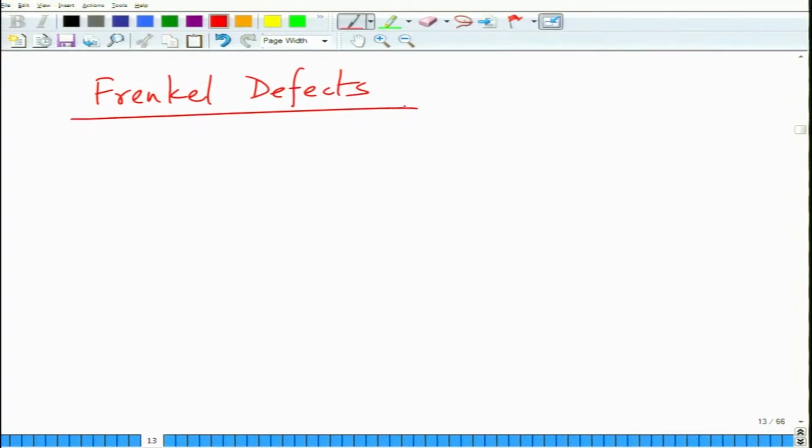Frenkel defects are another kind of defect in which, if you have a solid AX, then the X from the X site goes to an X interstitial, creating a vacancy of X.